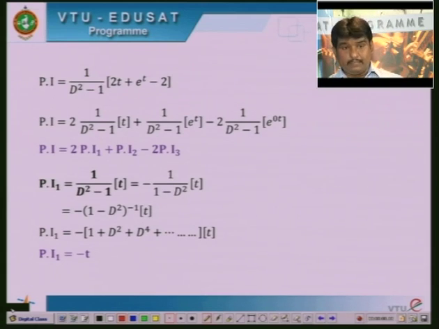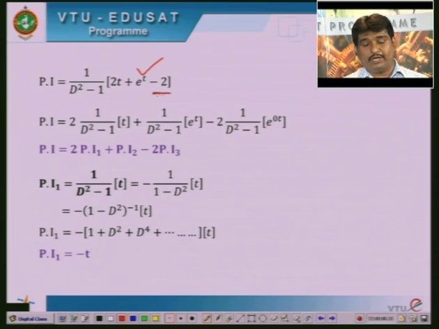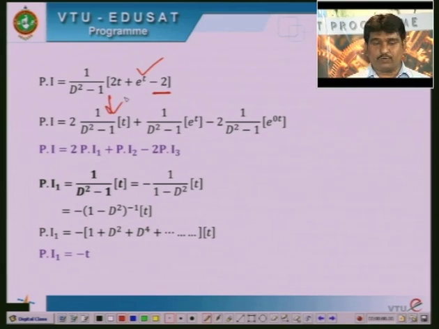So there are three terms here. 2t, which is a polynomial. Next, e to the power of t, the e to the power of ax plus b form. And then we have minus 2 here, which is a constant. So you separate it: 2 times 1 by D square minus 1 operated on t, 1 by D square minus 1 operated on e to the power of t, and minus 2 times 1 by D square minus 1.